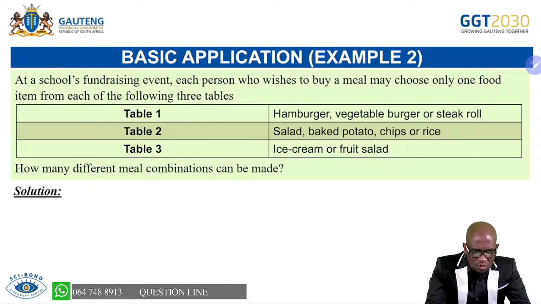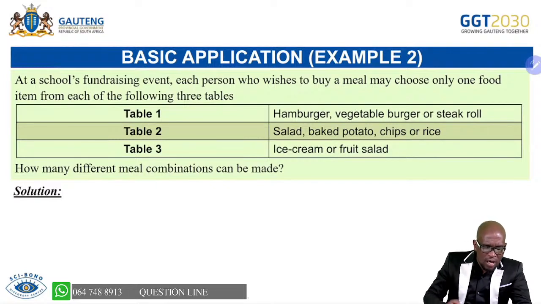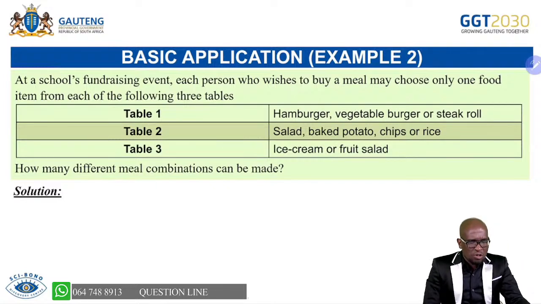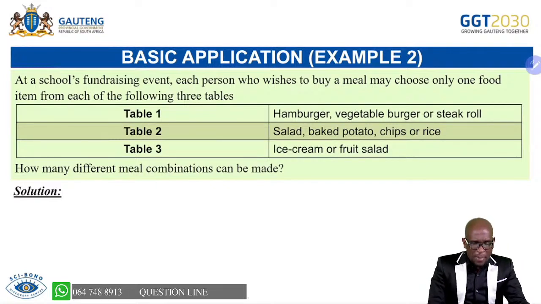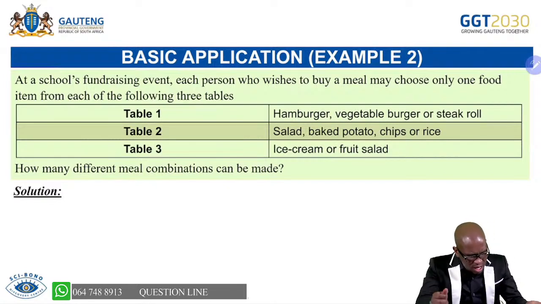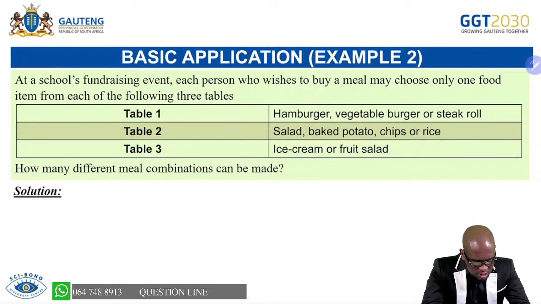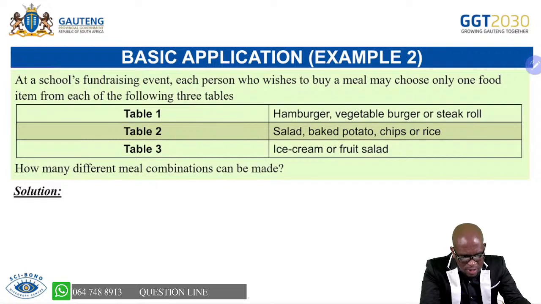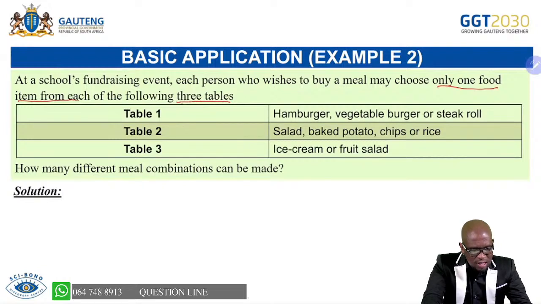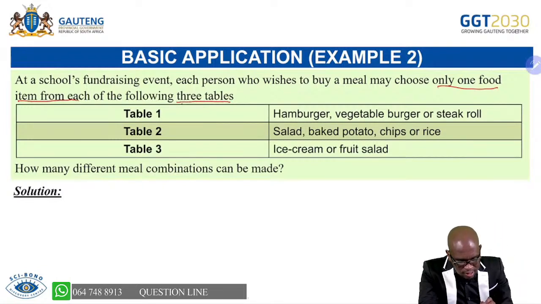Right. Now let us look at another example that would want us to do our basic application. At a school's fundraising event, each person who wishes to buy a meal may choose only one food item from each of the following 3 tables. So you can see it's table 1 and table 2 as well as table 3.